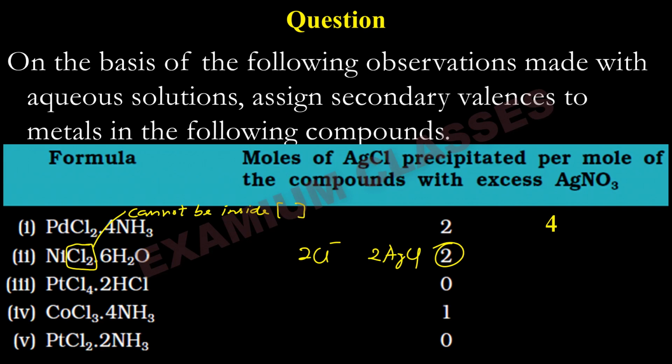They will get ionized. So it means how many H2O are attached to nickel? It means the formula is this. Chlorines are outside, 6 H2O inside. So it means 6 ligands. 6 is the answer there then.